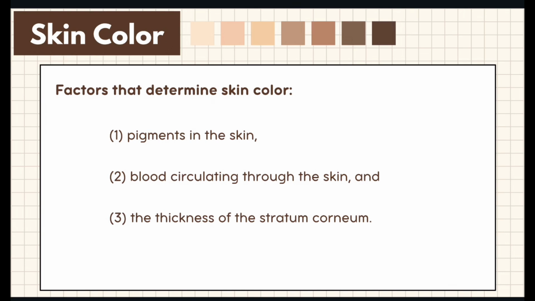Second is blood. If blood flow is strong, the skin looks pink or red. But if it's low, the skin or lips look pale. Last is skin thickness. Thin skin looks lighter. That's why our palms look lighter than other parts of the body.